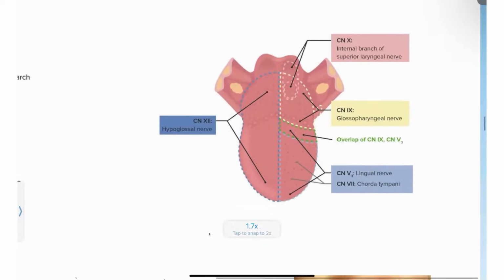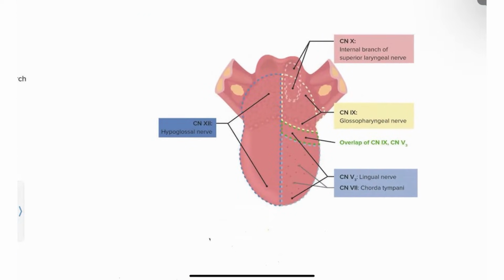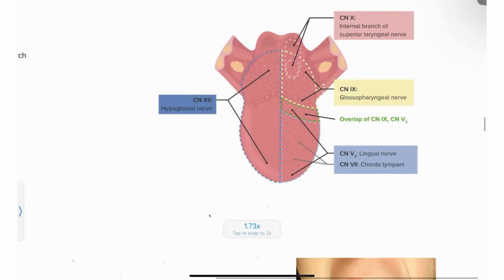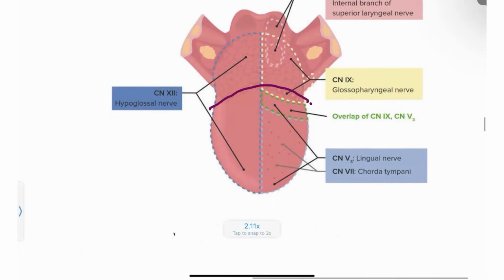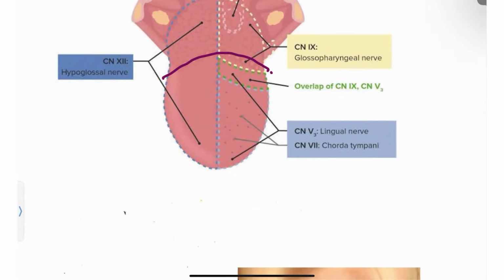Next, the topic is, here you can see, the tongue and its nerve supply. This is the first one-third. The first one-third is supplied by two nerves. One is the lingual nerve and another one is the chorda tympani.